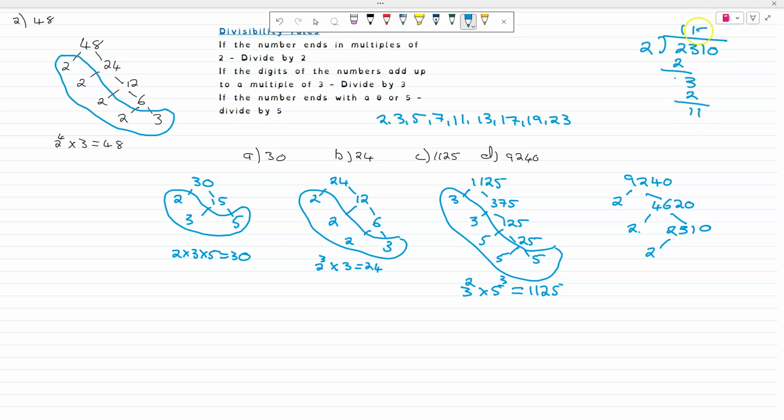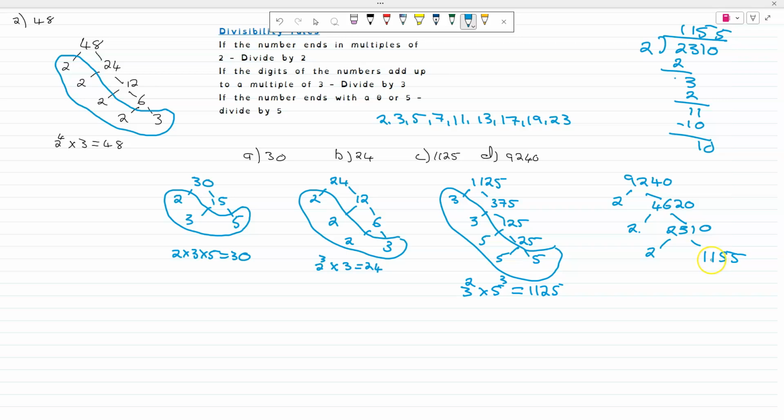Make it 11. 2 goes into 11 5 times, leaving us with 1, then 0, and then 5. So 1,155. 2 cannot go in there because it's not an even number anymore.